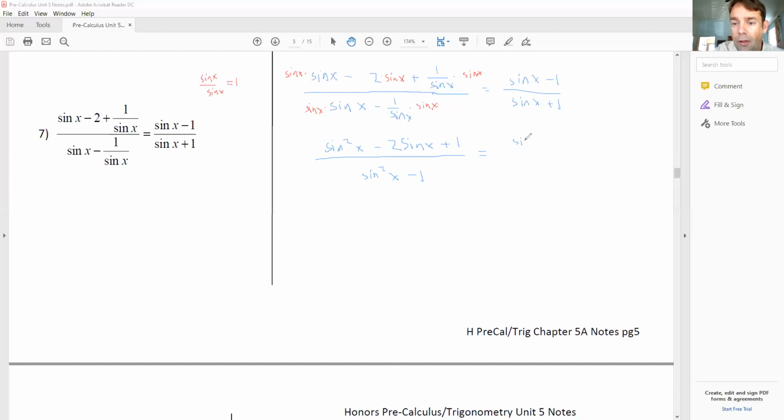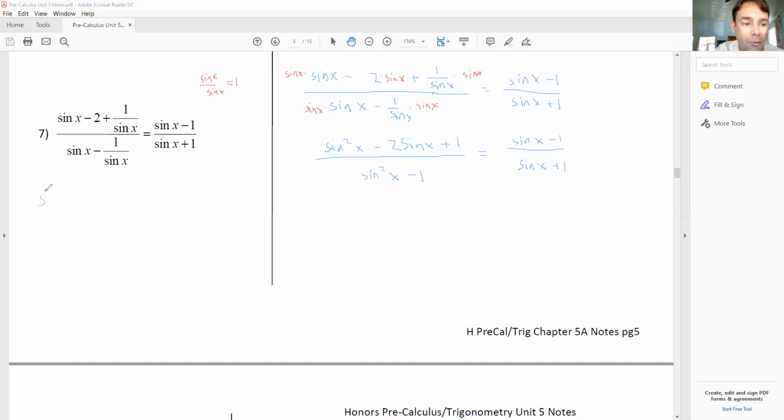So I got a quadratic on top and I got a quadratic on the bottom. So I'm going to end up doing some factoring. Essentially what I'm looking at here, friends, is trying to figure out how to factor this.